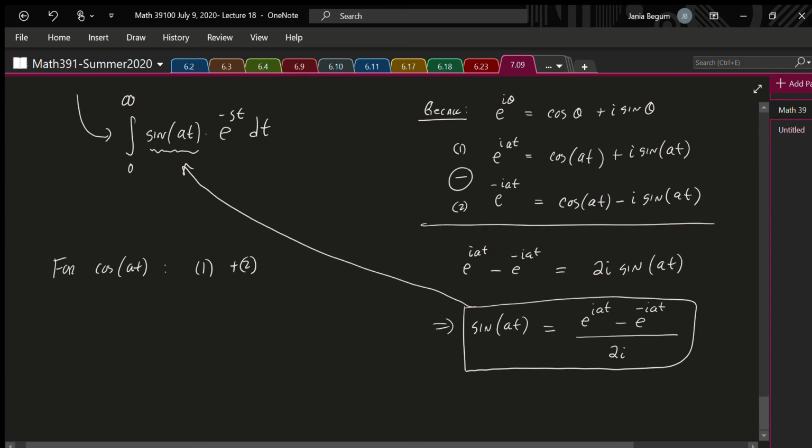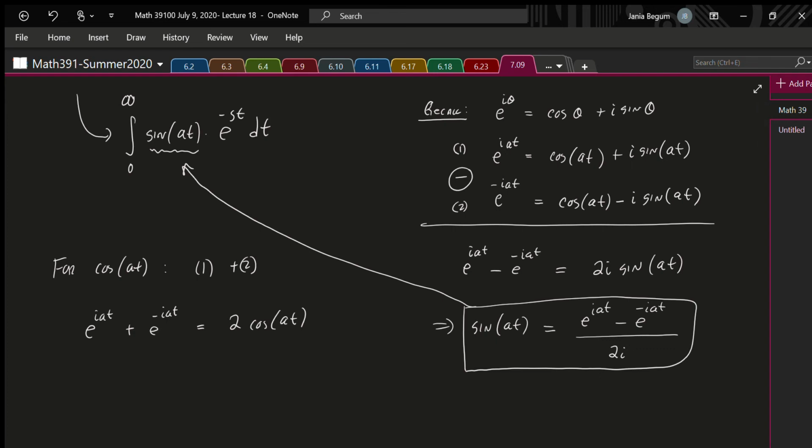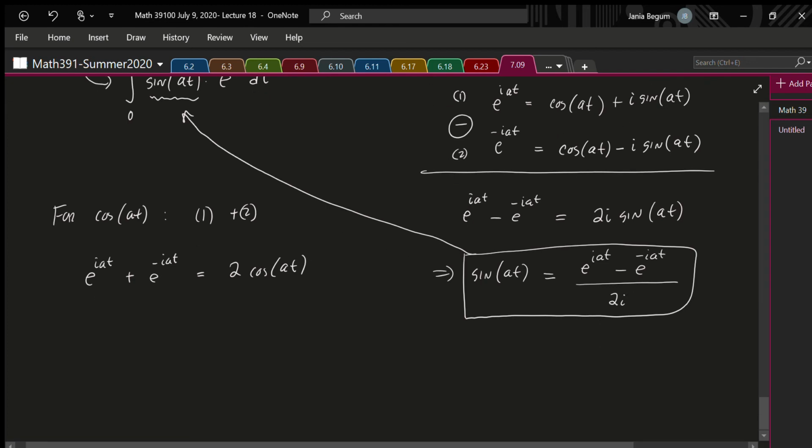If I add 1 plus 2, I get e to the iat plus e to the negative iat equal to 2 cosine at. The sine terms go to 0, because i sine at minus i sine at is 0. Now I can simply solve for cosine at by dividing by 2.